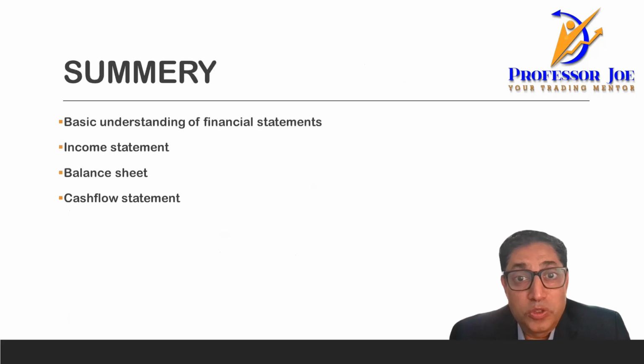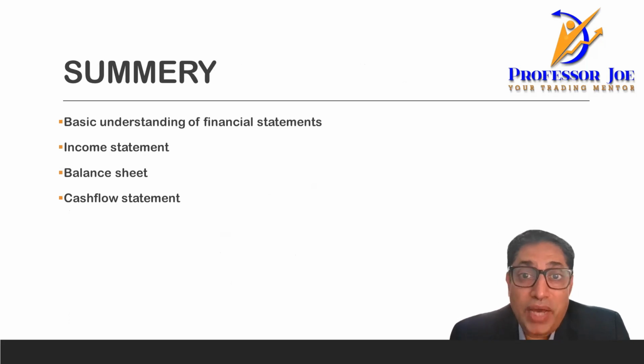So in summary, whenever you are looking at a business, you have to look at these three financial statements. That is the income statement, to check whether the company is making profit, especially profit from its income from operations, not from financing activities and not from investing activities. If a company is making profits from its operations, it's a good company, then depends on the percentage.